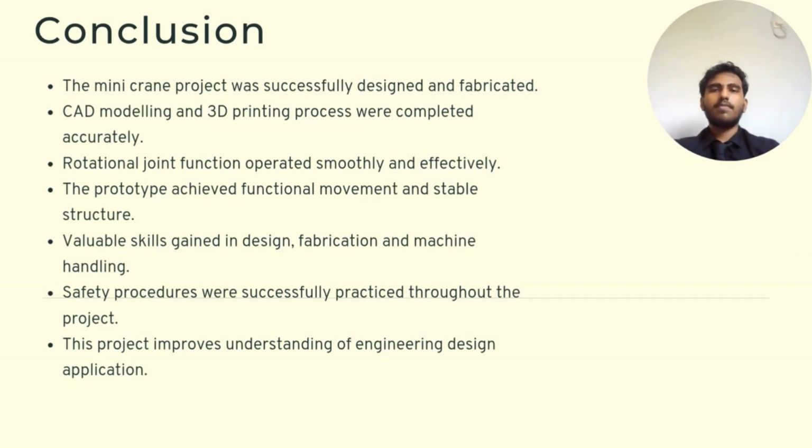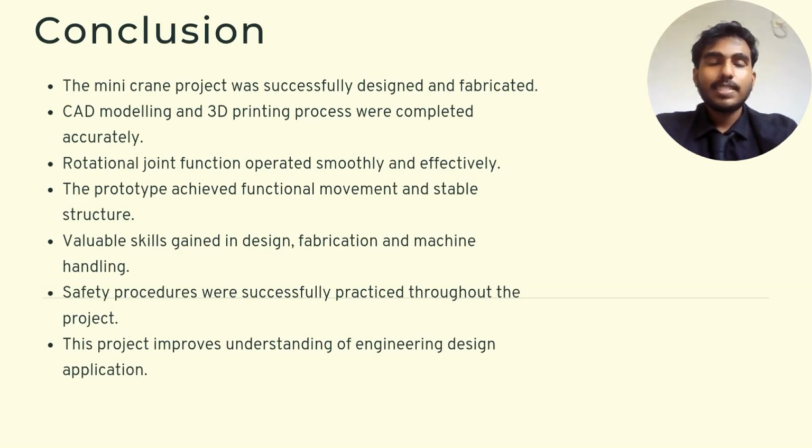From this project, we have gained valuable skills in design, fabrication, machine handling, and problem solving. We have also applied engineering design principles and safety procedures, which help us work effectively throughout the process. Overall, this project improved our understanding of real engineering applications, especially in material selection, mechanical movement, and safety consideration.